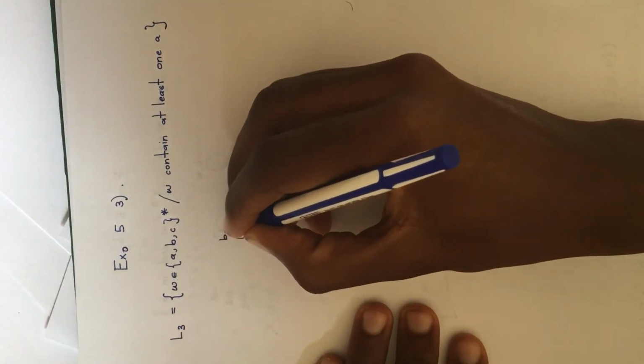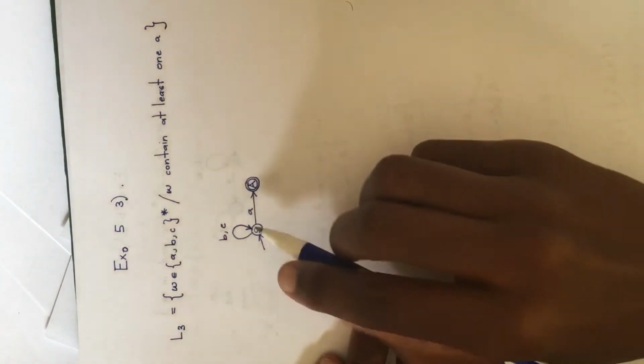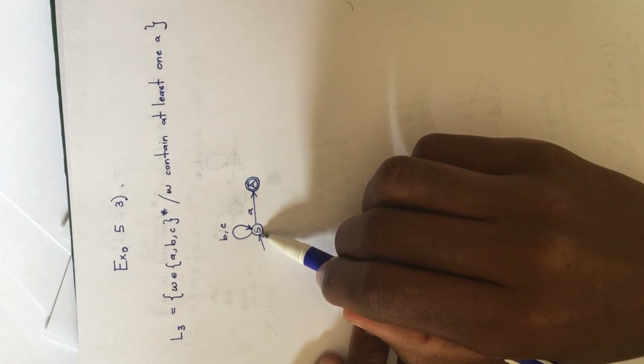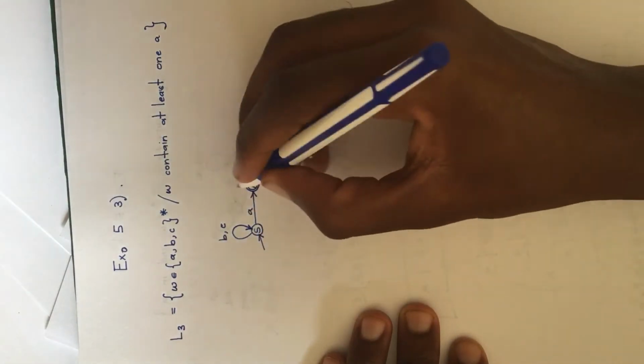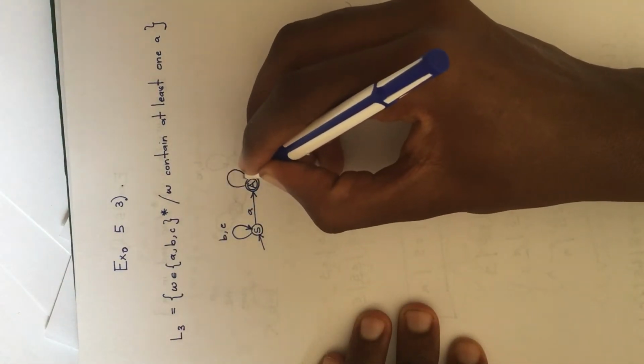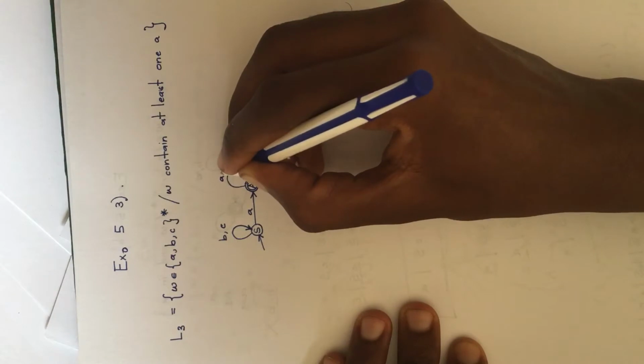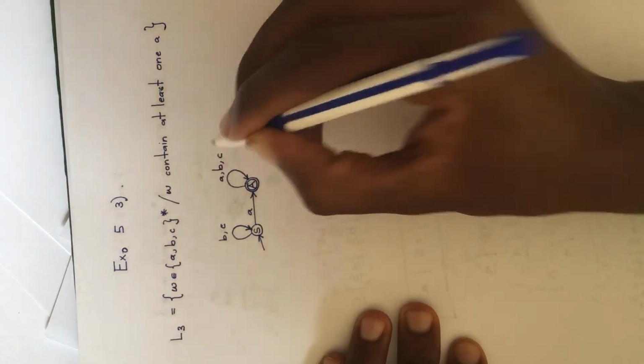So when I see a B or a C, I keep waiting in this state because it is not accepting. So whenever we read a string that doesn't contain any A, we're going to stop in this state. But after we see an A, then we accept anything that comes after because we have seen one A. You get it? Yeah, this is it.